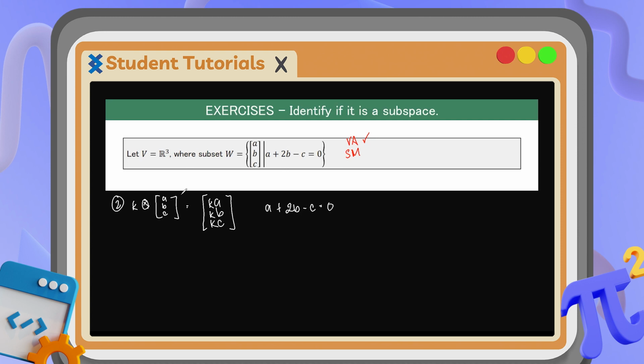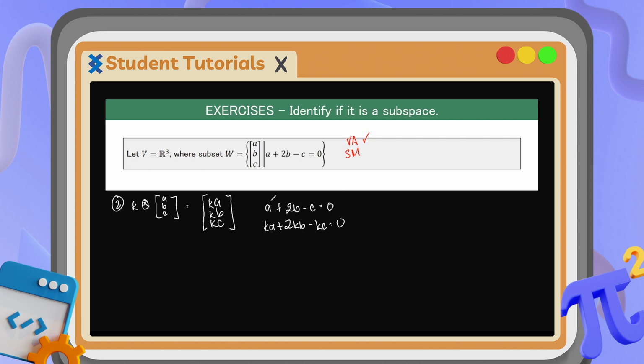And then, what we want is to substitute it with the resulting vector over here, which is KA plus 2KB minus KC is equal to 0.